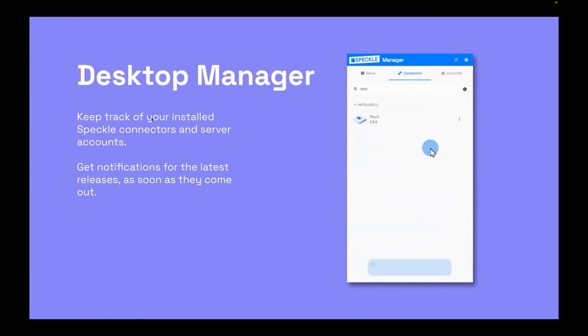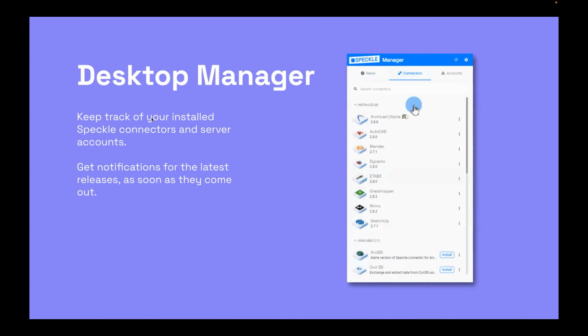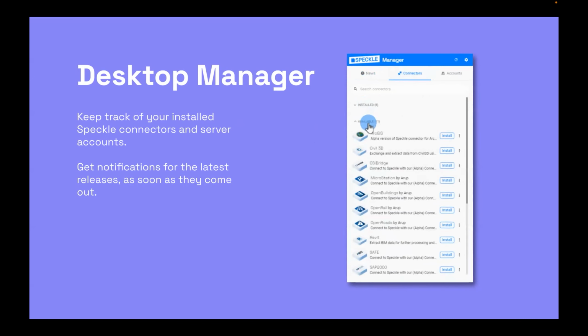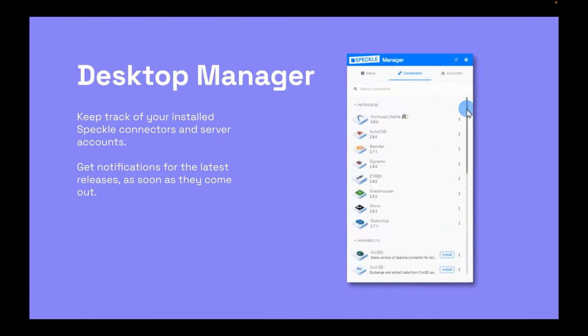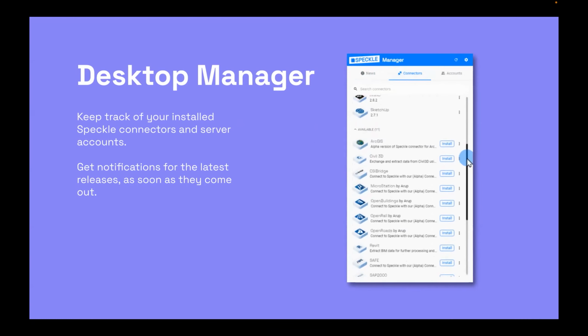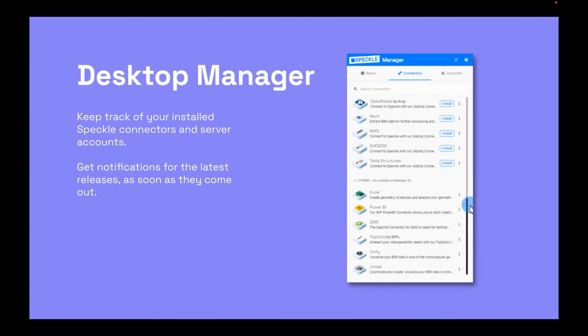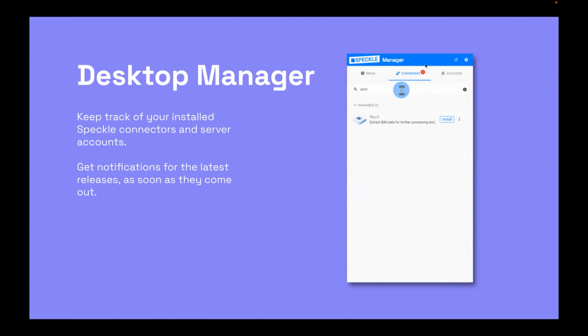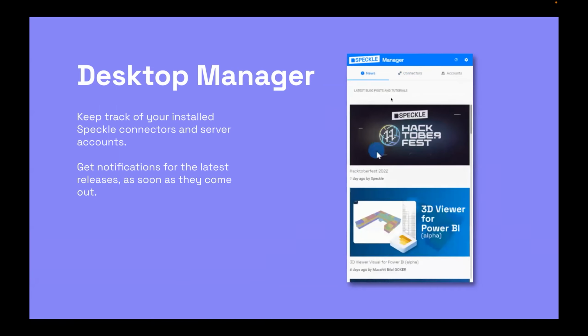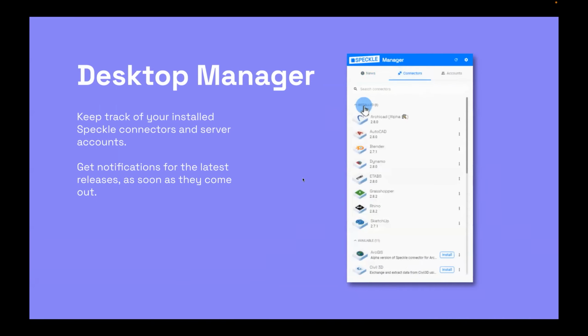It's a small program that runs on your computer that keeps track of what connectors are installed or not, what connectors are available, can deal with updating connectors to newer versions, and also keeps track of your local accounts. So you can access multiple Speckle servers using different accounts if you need to. You're not bound to one specific server.